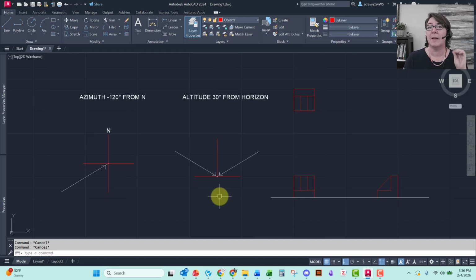Let's get started. The first step, as always, is to cast guidelines from every important part of your plan view or your top view using the azimuth angle. All right, and so remember we're going to go this way. Our shadow is going to go up and to the right instead of to the left.